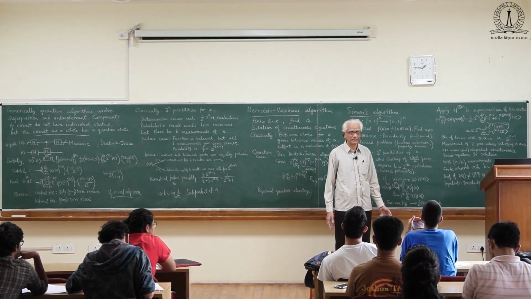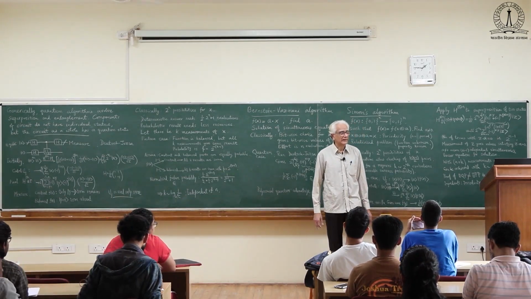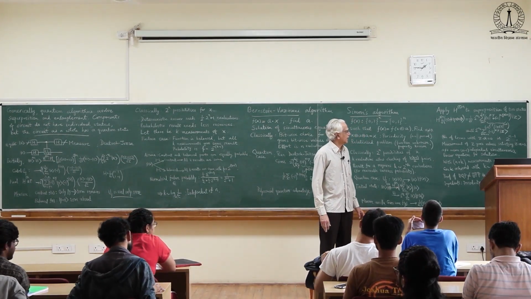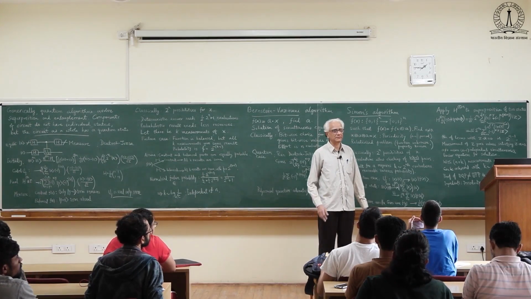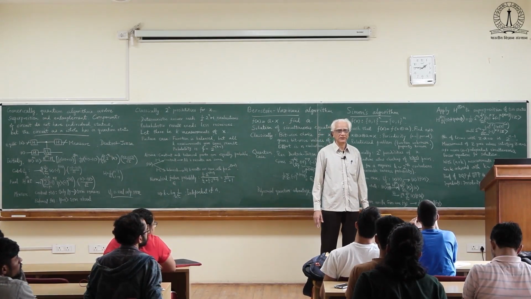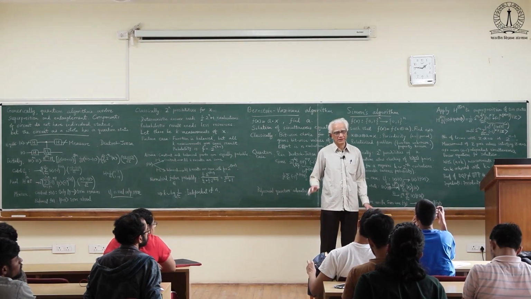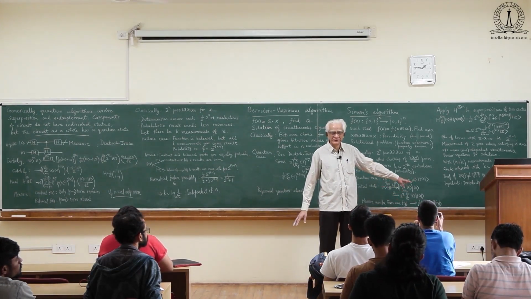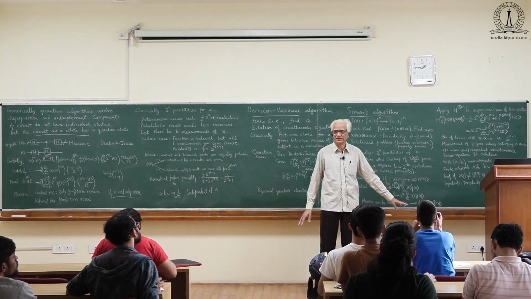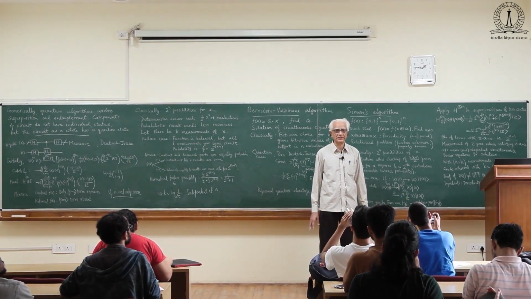So yes, I will stop here, and I will come to Shor's algorithm probably later in the course. It requires much more mathematics, not because of Fourier transform. The Fourier transform part is identical to whatever I did over here, not too complicated.